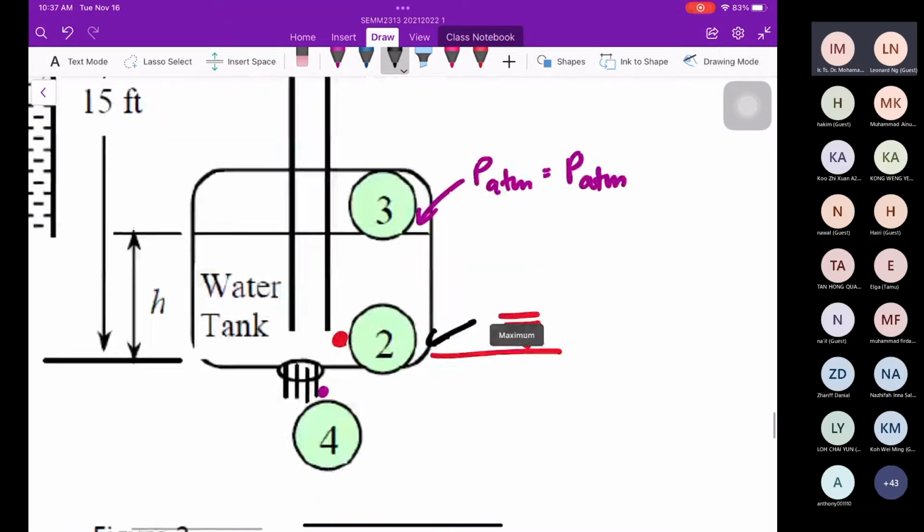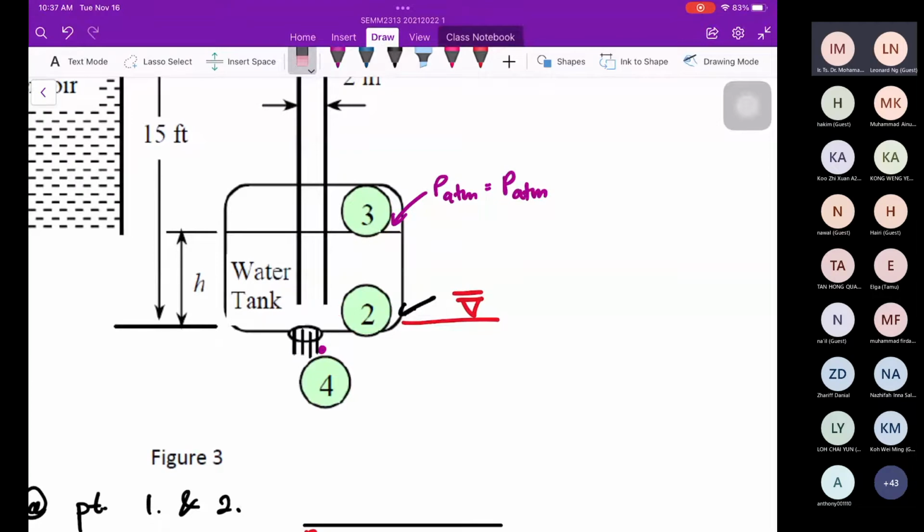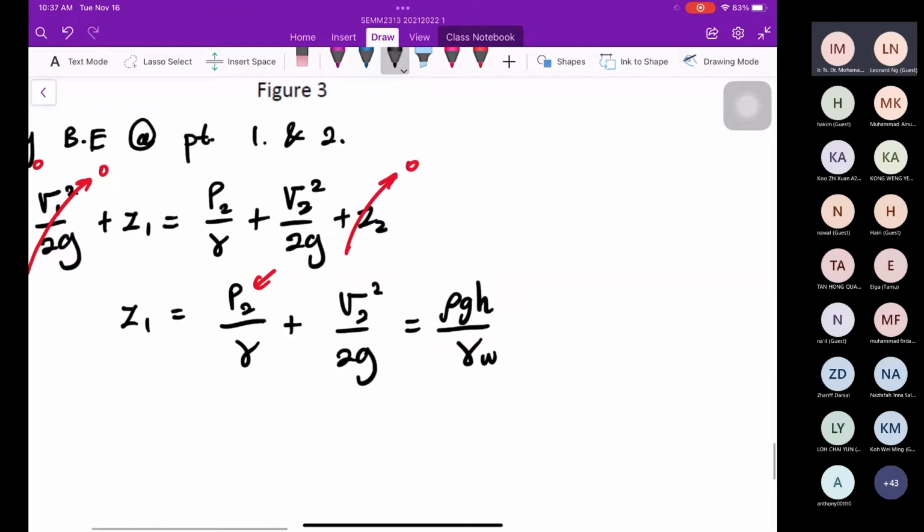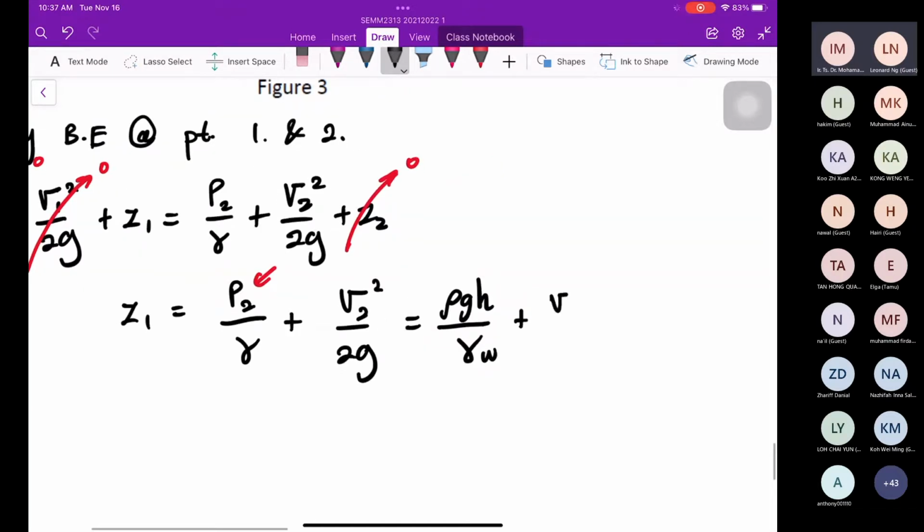You notice the pressure at 2 may be at a location close to the tank. In order to get the pressure at 2, you remember our equation rho G H. So this is the height, multiplied by the density of water and gravity, and you will get pressure 2. Substitute in here: rho G height over density of water, plus V2 squared over 2G.